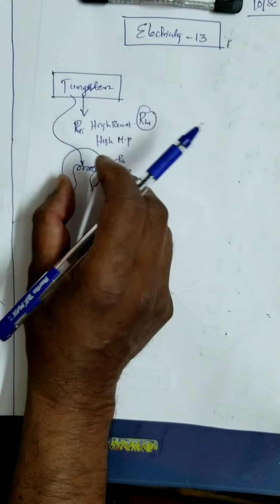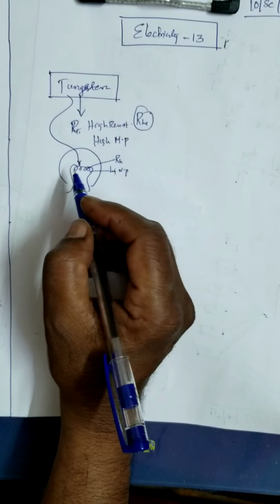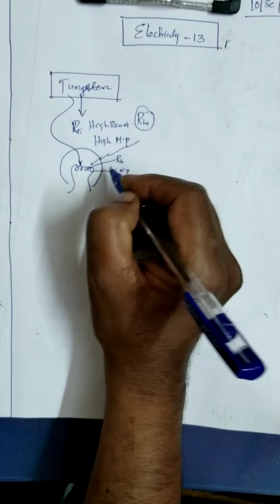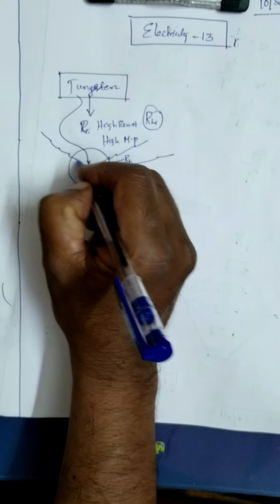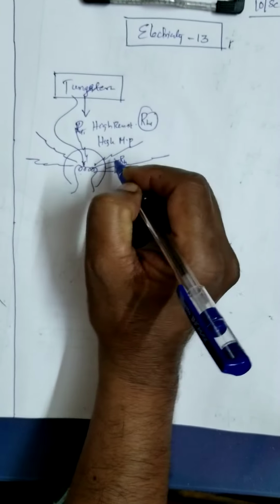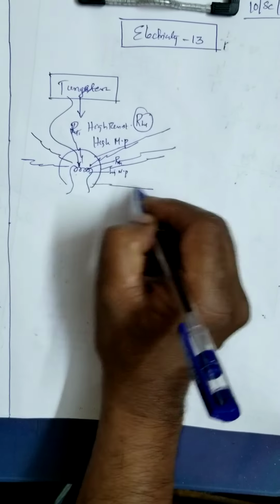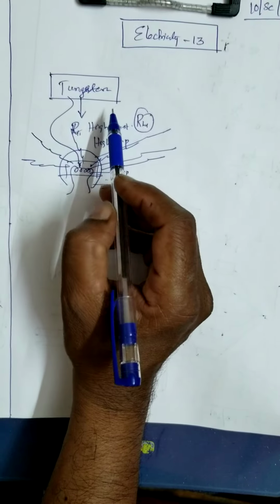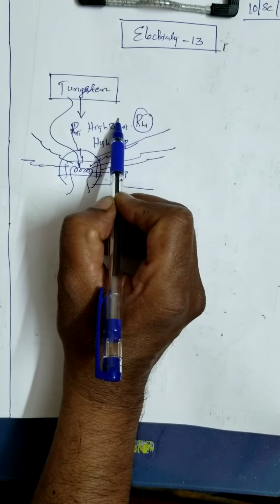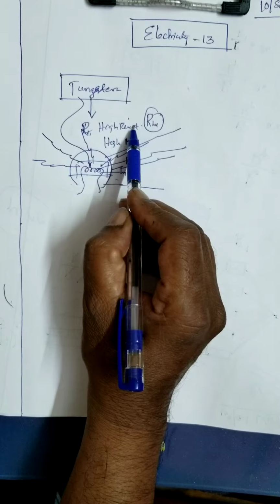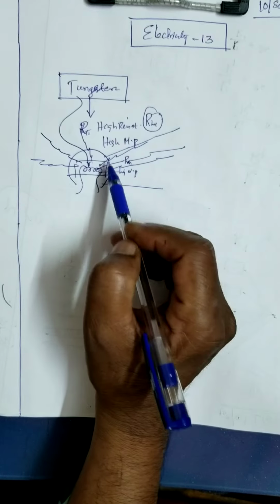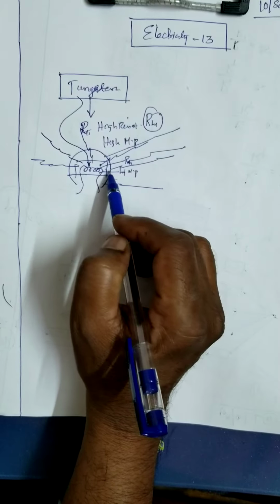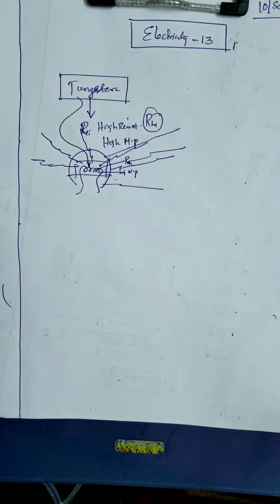Because of such high heat, it emits light. Therefore, tungsten has a high melting point and high resistance, it retains heat, gets very hot and emits radiation. That is why tungsten is used.